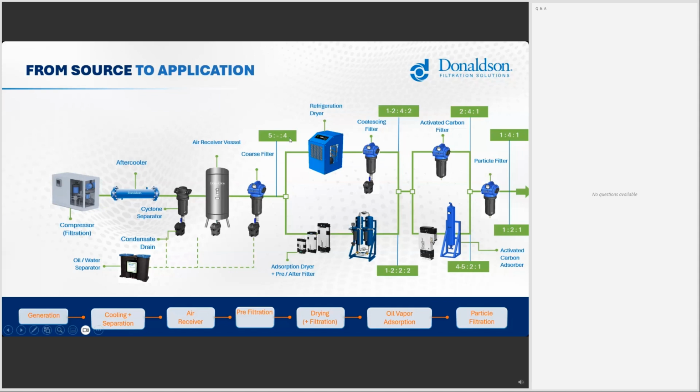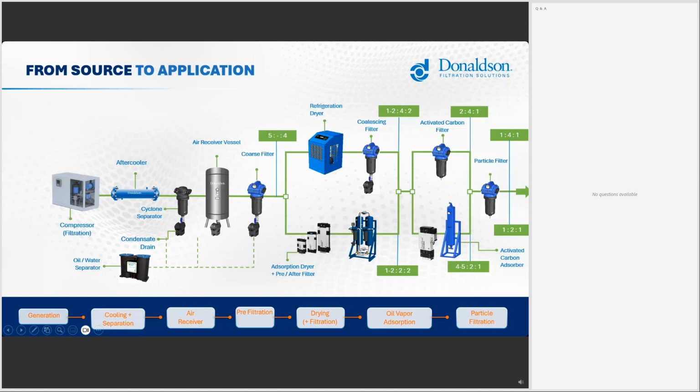So in the inlet of a dryer, it would be sufficient if the purity classes for particles are already in purity class 5, and for oil in purity class 4. That means a coarse filter would be sufficient to achieve that.